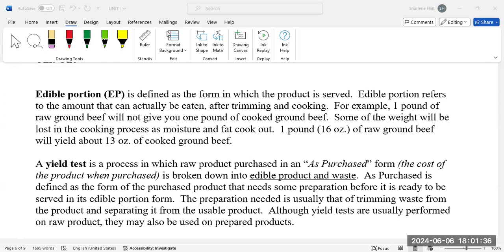So it means that your as purchased form will be equal to your edible product. Yes, sir. Good. The point I'm making now is some products, when purchased, you can have it as your edible portion with no waste, or you can have a little bit of waste.